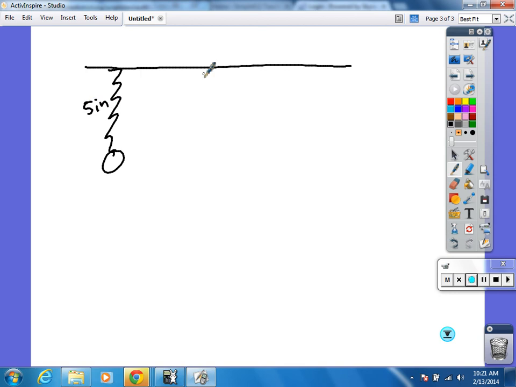But then when it is oscillated or pulled or whatever you want to call it, displaced, that's what it's called. When it's vertically displaced, it goes a lot further, right? It scrunches really tighter than what it was normally, right?